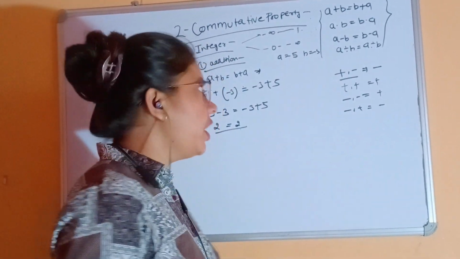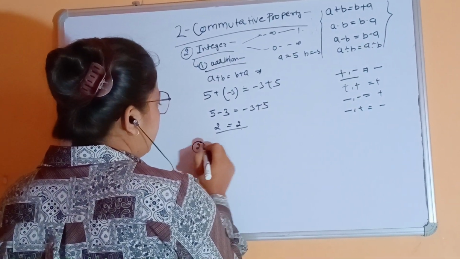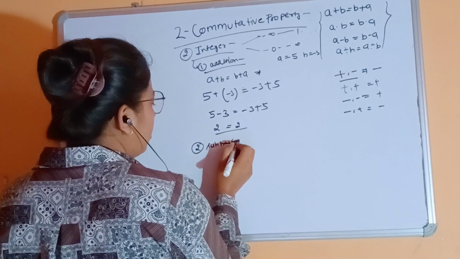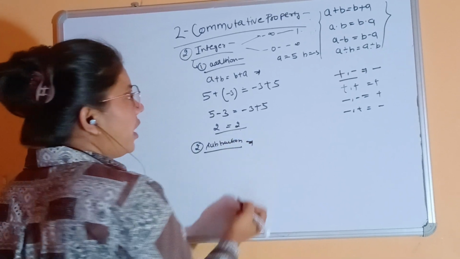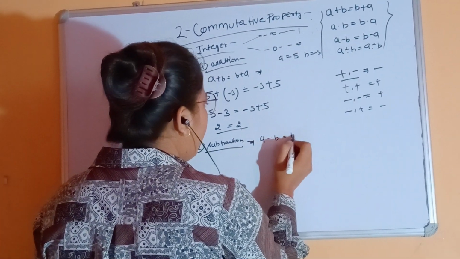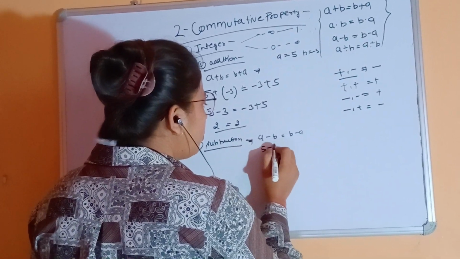Now the second operation is subtraction. That means a minus b is equal to b minus a. Put the same values, a is equal to 5 and b is equal to minus 3.